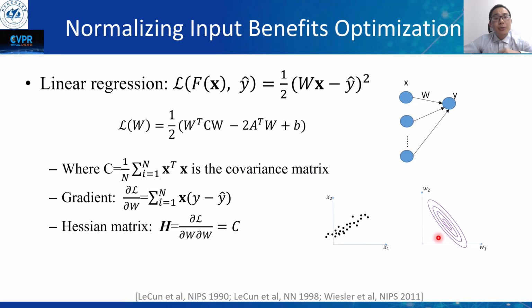The second-order methods, for example Newton's method, can be viewed as the gradient multiplied by the inverse of the Hessian. If x is normalized, that is, it has a normal distribution, then the landscape is easier to optimize.